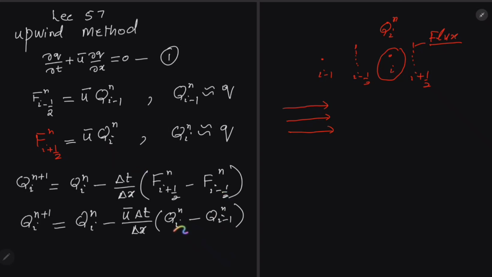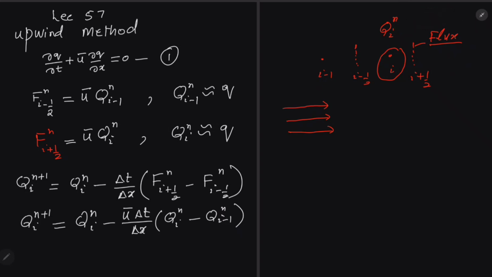Since the points involved in calculating the flux are I and I minus 1, the information must be traveling from left to right. And when I and I plus 1 are involved, the information must be traveling from right to left, and u bar must be less than 0 in that case.